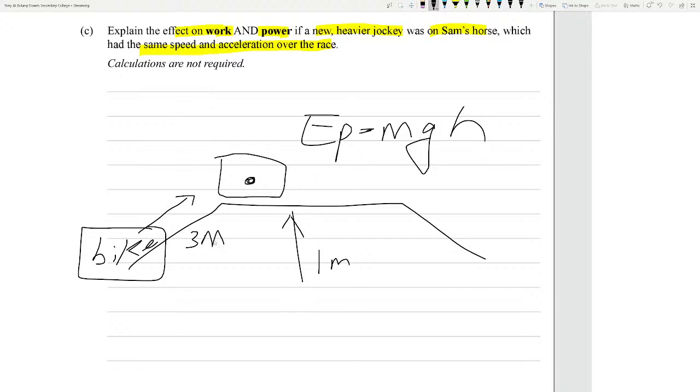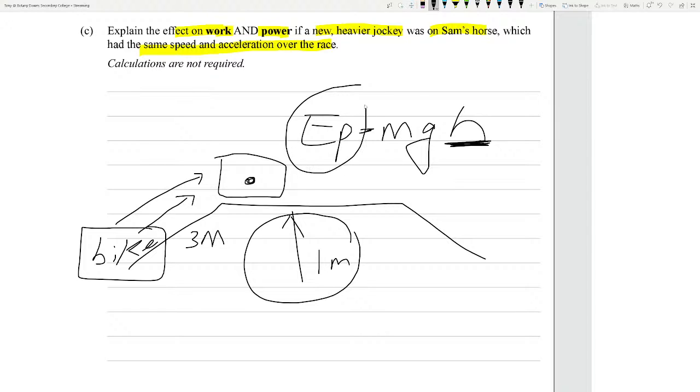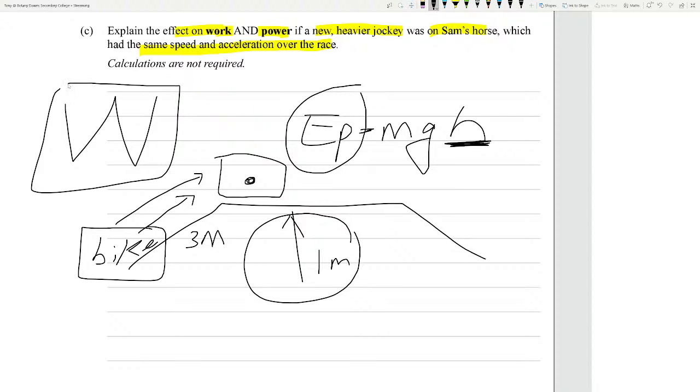It makes no difference how I get the bike up there. I can push it up the ramp, and when I get to the same height it will have a certain amount of gravitational potential energy. Or if I can't be bothered to push the bike up 3 meters, I can lift it up by 1 meter and chuck it at the top of the ramp. At the top, your bike will still have the same gravitational potential energy, so the amount of work you do in both scenarios is the same.